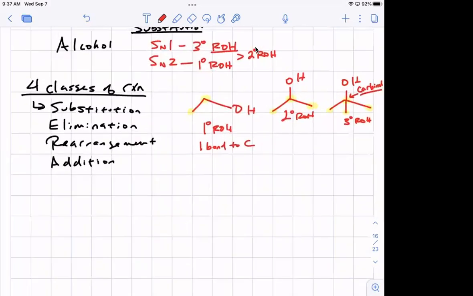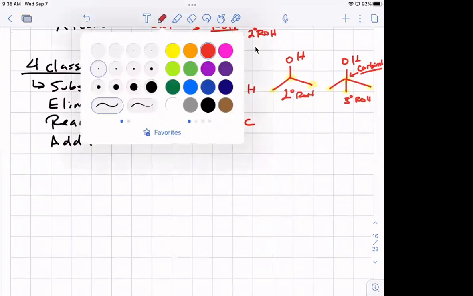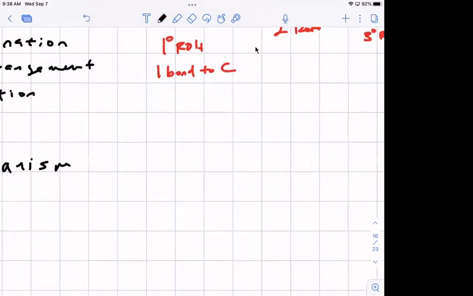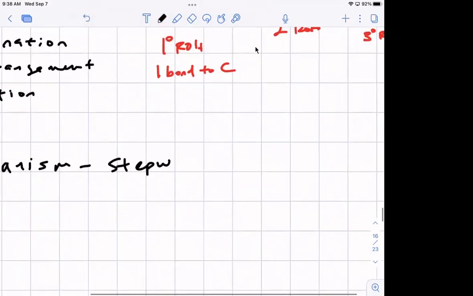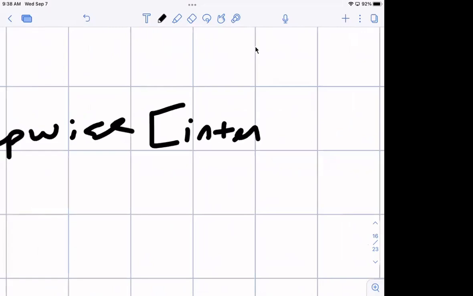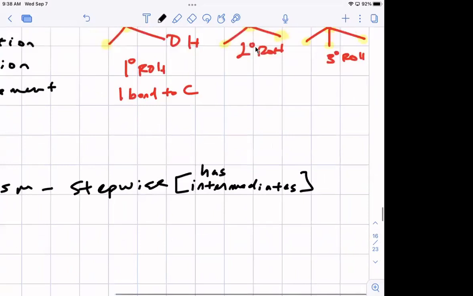Another thing you're going to notice is that I'm going to give you a generic mechanism to begin with. A mechanism is generally stepwise. So you have multiple steps to get from point A to point B, and you have different intermediates in between. If you remember from part one, a stepwise mechanism has intermediates.